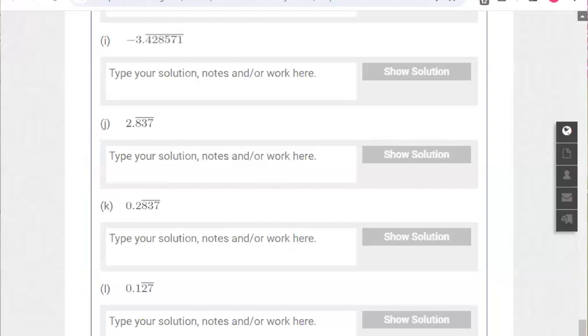All right, let's do it. What's 1,000 minus 1? 999. What do we do on the other side?